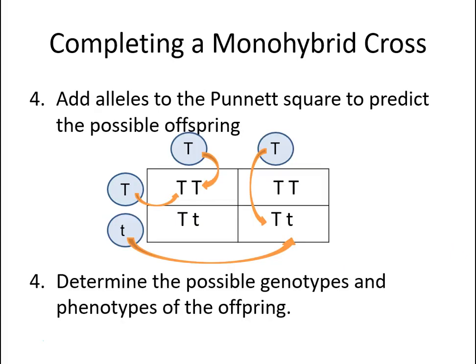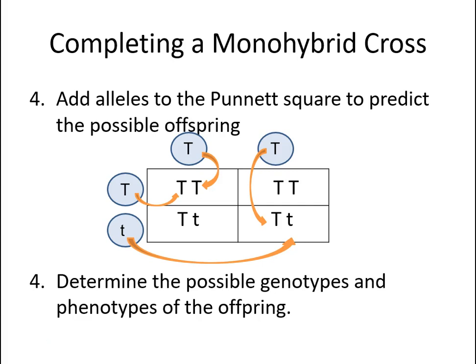Then we basically drag and drop the alleles together to predict the possible offspring. So I would slide this T over, slide this T down, and then again, this would fill in this column, and this would go over. And you'll notice that we always want to put the capital letter first in that square because that helps prevent us from making mistakes when we're determining the phenotype.